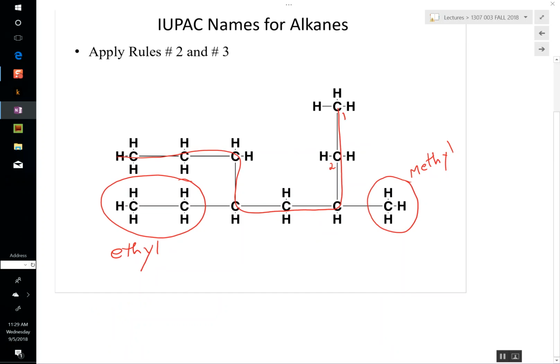This is carbon number 2, number 3, number 4, number 5, 6, 7, and 8. So the methyl is on carbon number 3. So it's a 3-methyl, and the ethyl is on carbon number 5. It's a 5-ethyl. The 5 is telling me what carbon it's attached to. It's kind of an address. Where is this ethyl group? It's on carbon number 5.